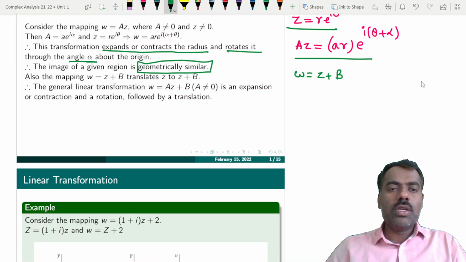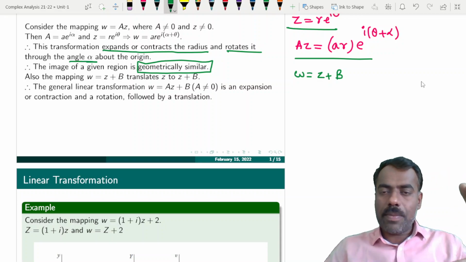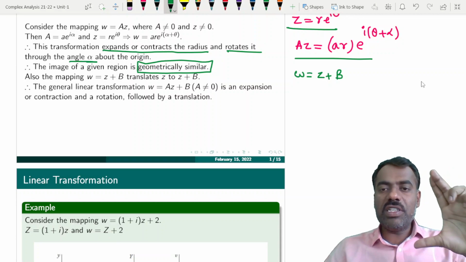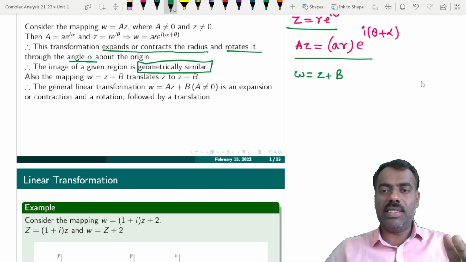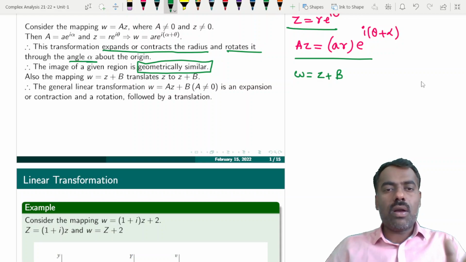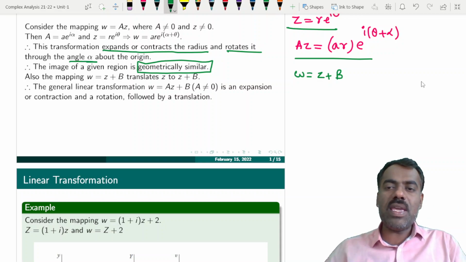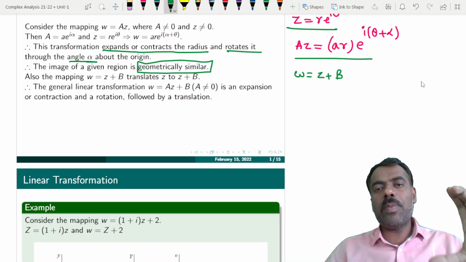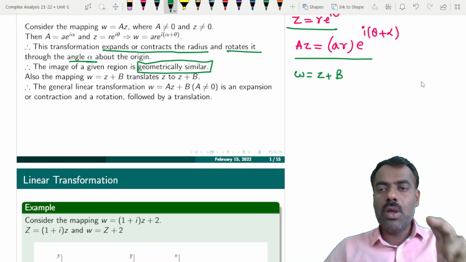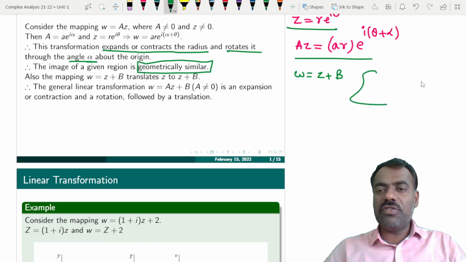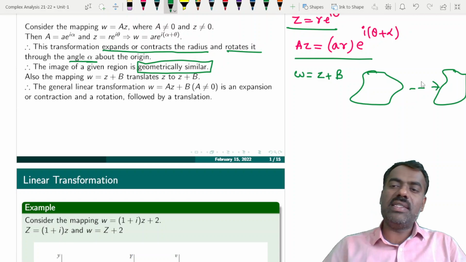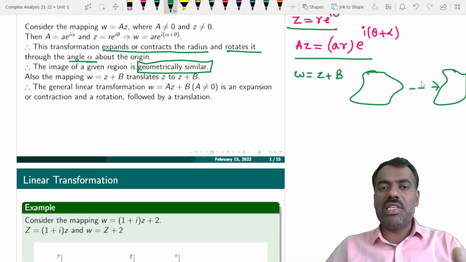The shape is the same and the size is not reduced, so you can call this congruent. Under z plus b, the image shape and size are the same, only it is shifted from one place to another. Same size, same shape, only a translation.